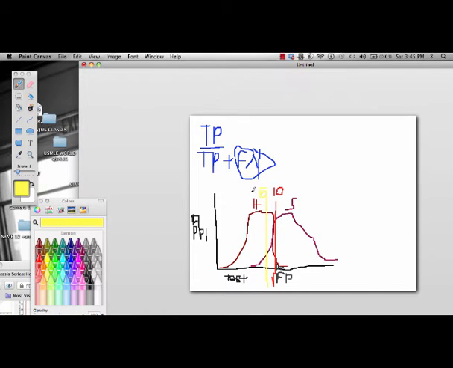Okay, so now if you have 5 millimeters of induration or above, now you're considered as being positive for PPD. So look, our false positives used to be just past our cutoff there, because they looked like they were sick when they really weren't. But now by moving this line backwards, we have all these guys that are false positives.